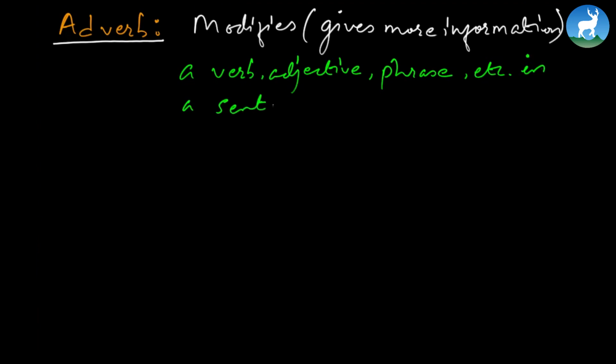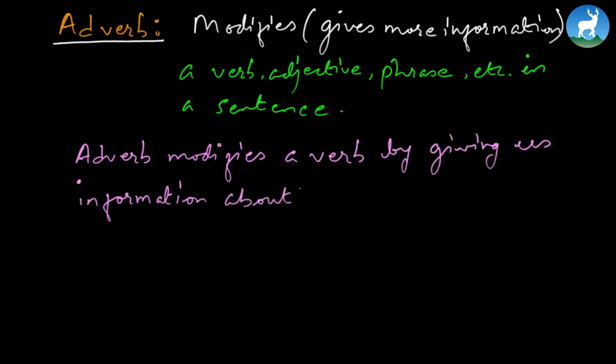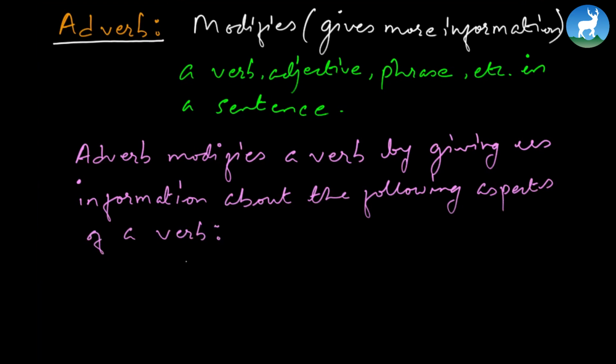in a sentence. Now I'm going to clarify this more with an example. So whenever adverb modifies a verb, it gives us information about the following aspects of the verb. So whenever it modifies a verb or any phrase or adjective in a sentence, it always provides the following information or following aspects on the verb.